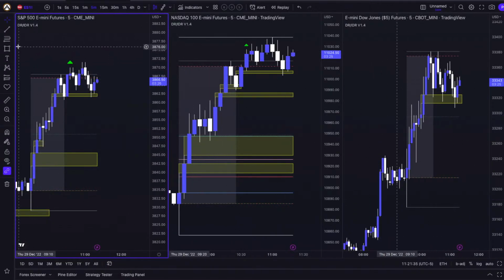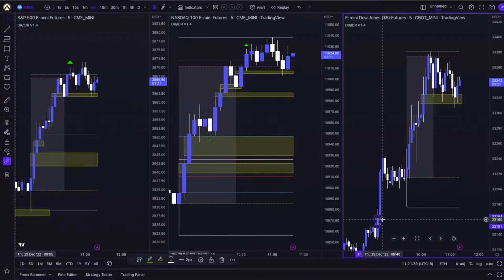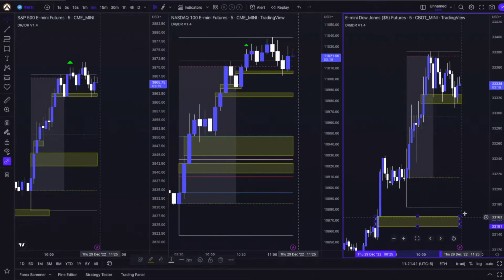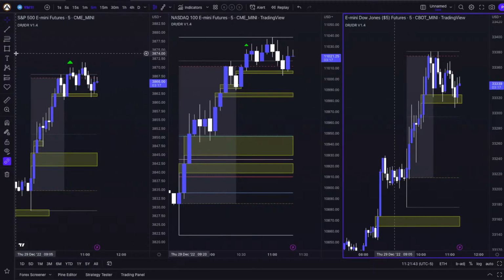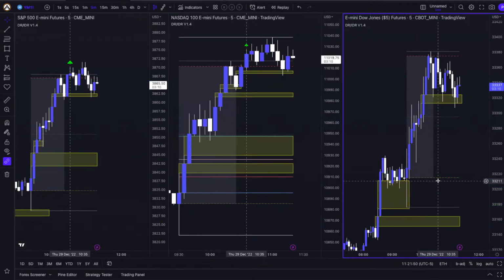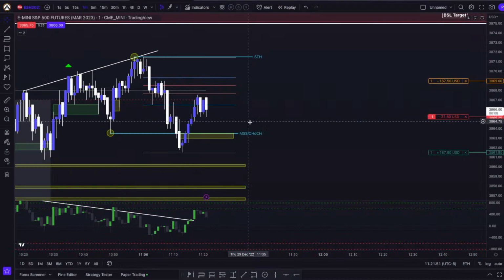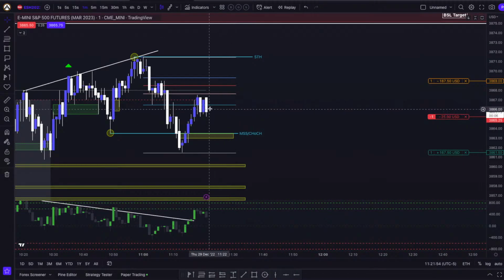Yes. Unless we're going to use the fair value gaps down here as well, below our DR low. And this fair value gap has been filled in as well. Pretty big one here on US 30. Let's go back to our chart. We are holding some resistance at our IDR high, so we will see.